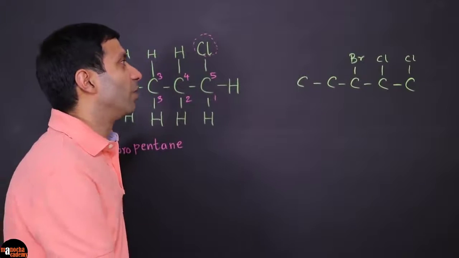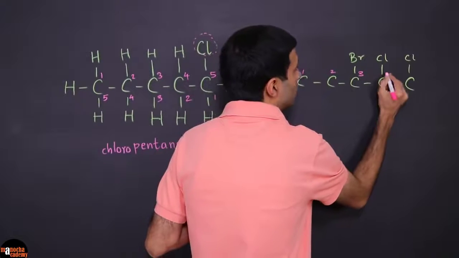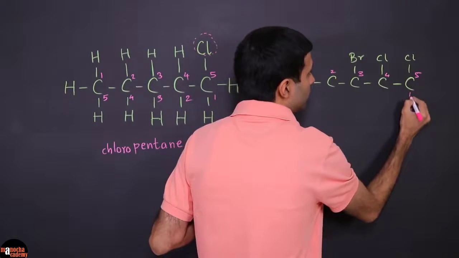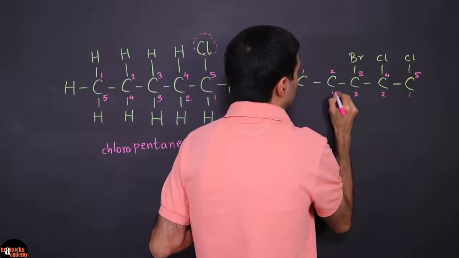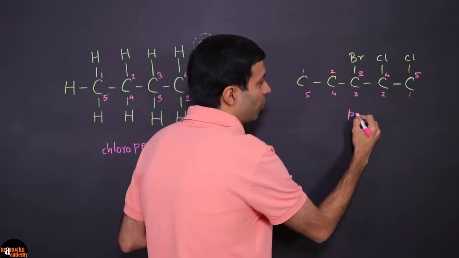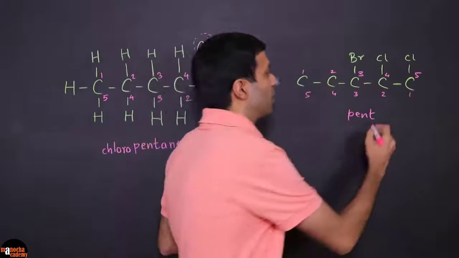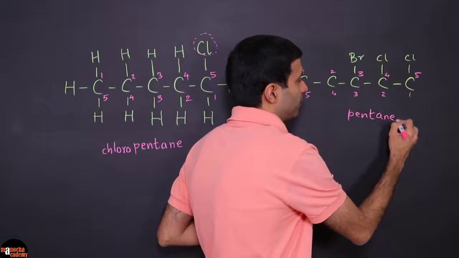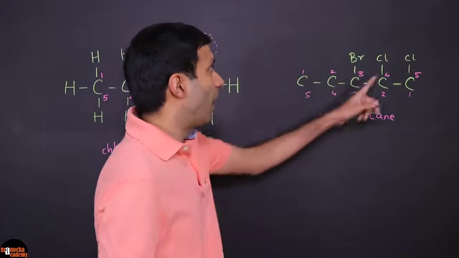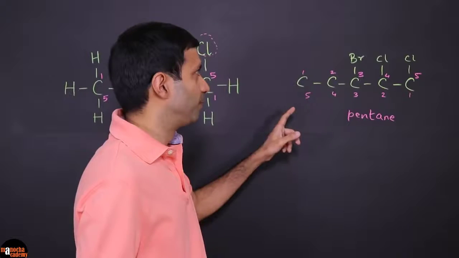So again, we'll number our carbon chain forward and backwards. So it's 5 carbon. We'll ignore the halogens for a moment, that's the simple way to do it. So you'll have a pent and only single bonds, pentane. Now again we have some halogens in here. So there are 2 chloros and a bromo, right?